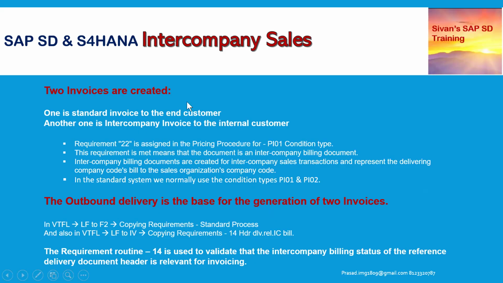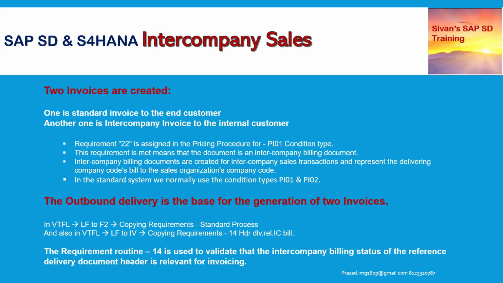That is, we receive the invoice from the US company code to the Indian company code. So here in this pricing procedure, whether it is ALPR01, that is the India pricing procedure, or the US pricing procedure, when the transaction happens between these two company codes, in the pricing procedure for PI01, requirement 22 is assigned.